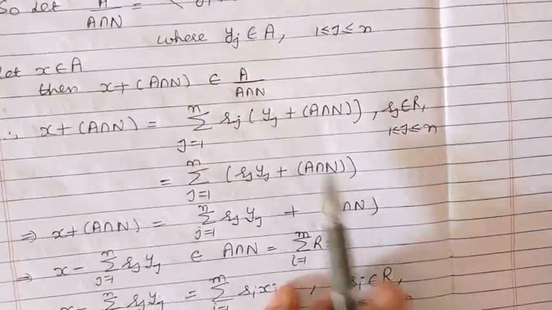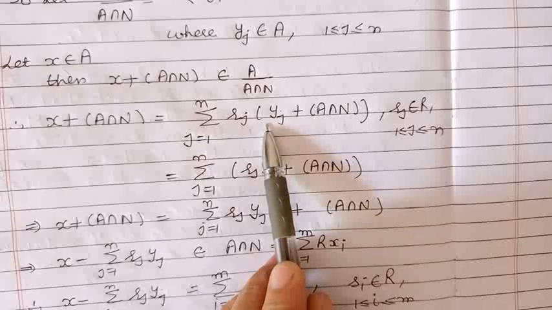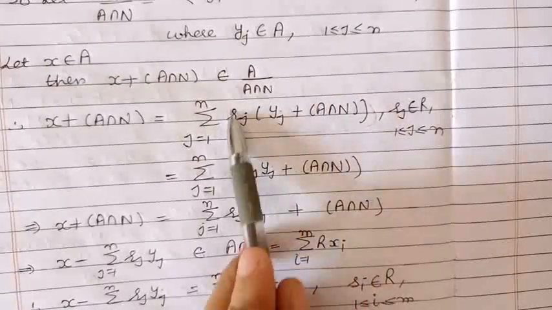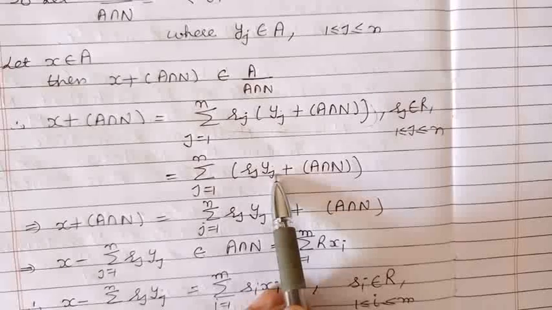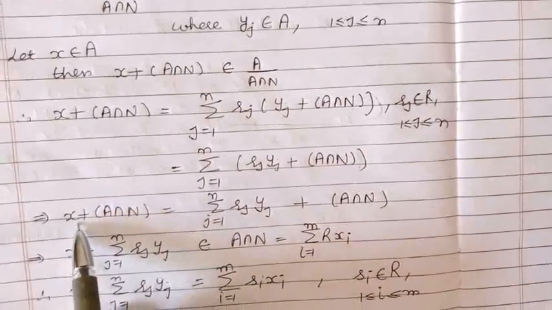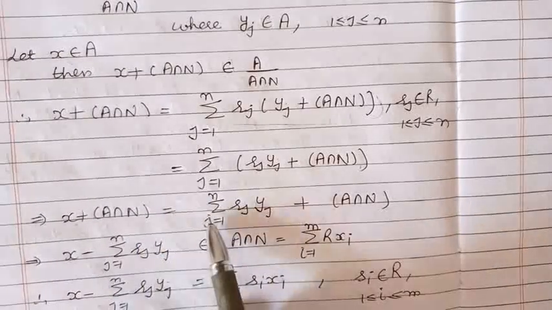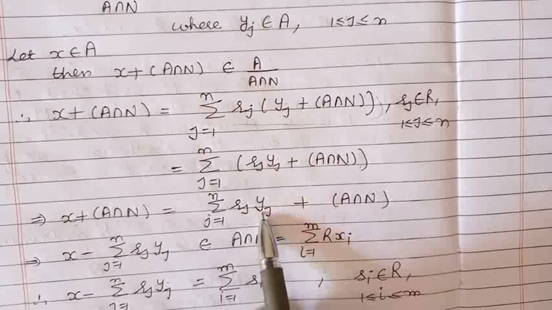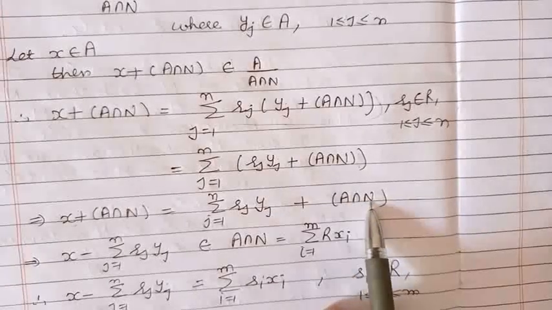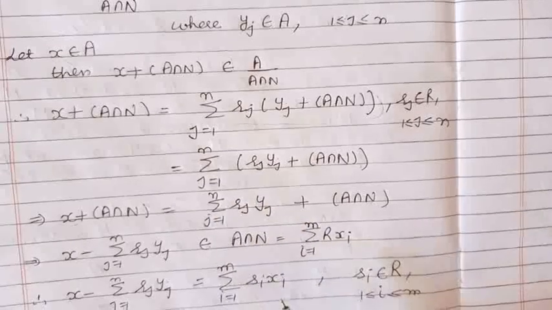Now again, by using the definition of scalar multiplication in a factor module, this element can be written as rj yj plus A intersection N. So the element x plus A intersection N can be written as summation rj yj plus A intersection N, where j varies from 1 to n.